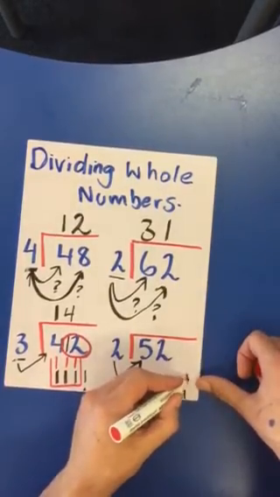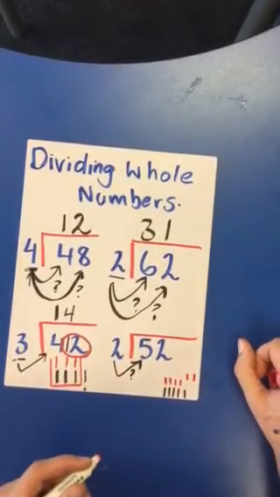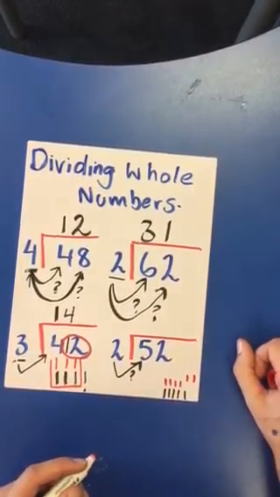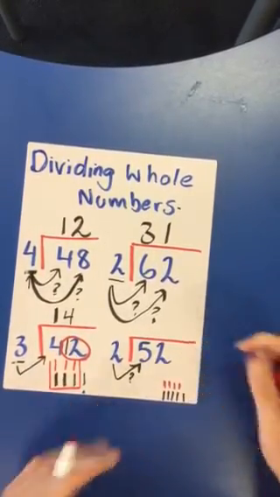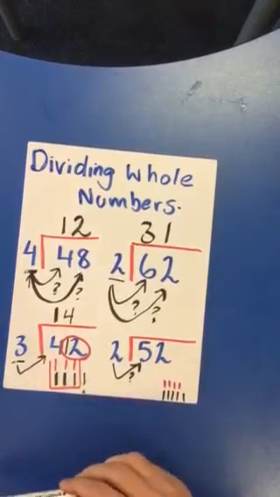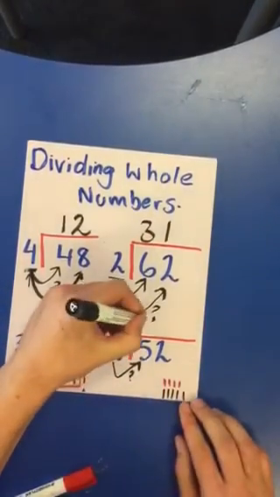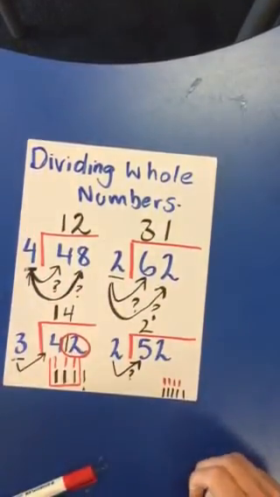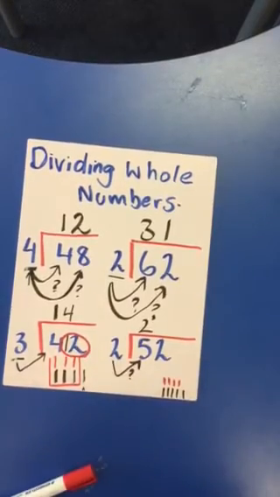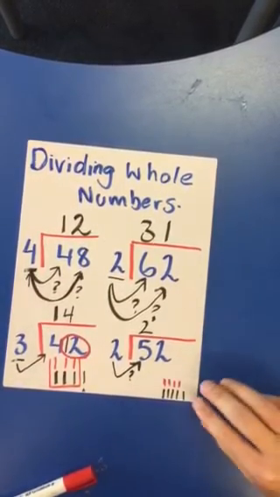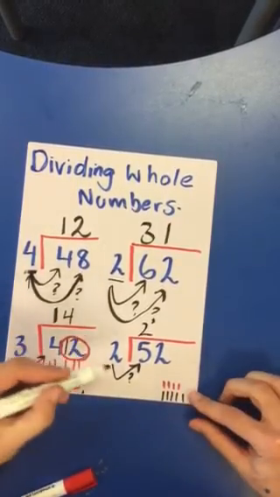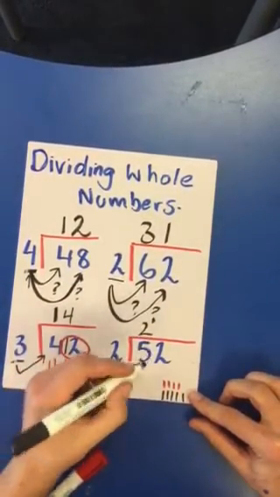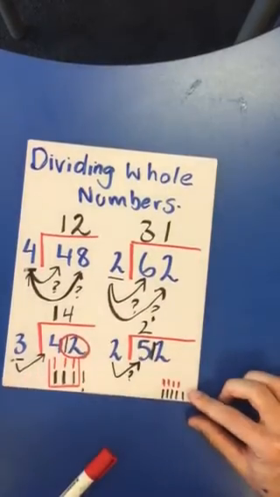If I put another 2 there, that would make 6, and that would be too many. So how many times does 2 fit into 5? Well, it fits twice, so that is true. 2 times 2 is 4, so it does fit twice, but how many left over? I'm talking about this one here. This is left over. So 2 fits into 5 twice with 1 left over.